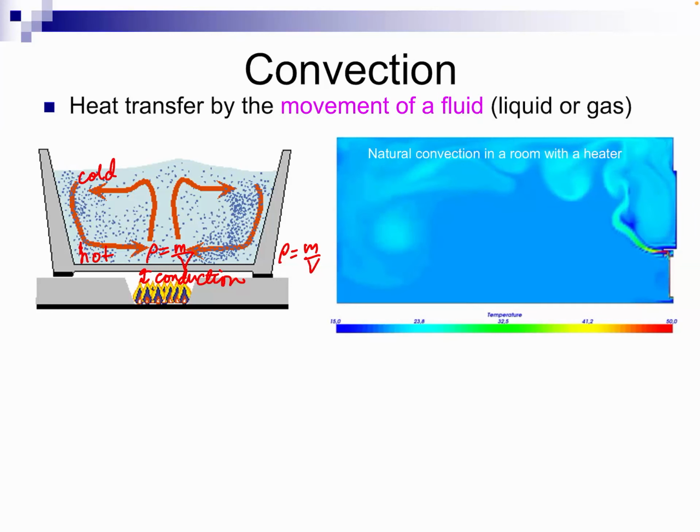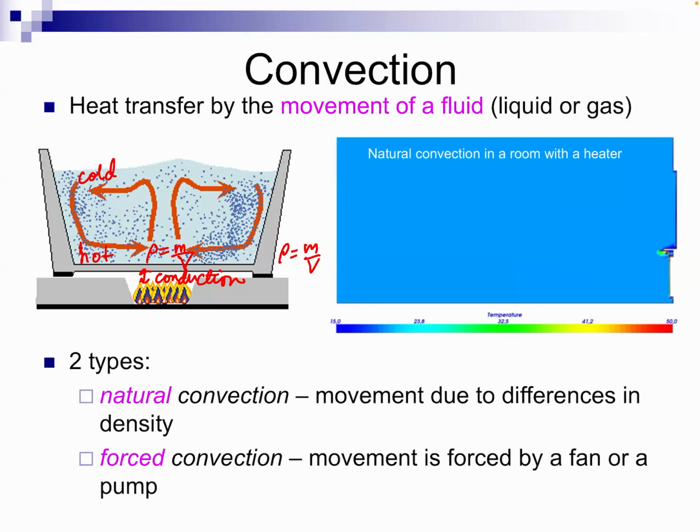Right, so in these two examples of heat transfer by convection, there is actual mass movement of particles, but the circulation of the particles is due to the differences in densities or changes in densities. And we call that kind of convection natural convection.